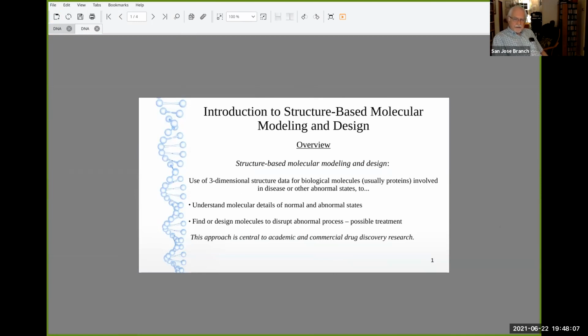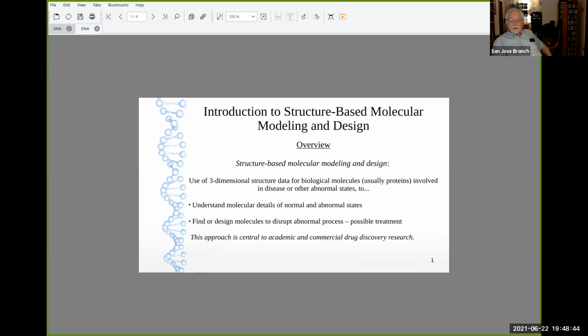So this is, as I said, the whole subject that we're going to be looking into in some depth, known as structure-based molecular modeling, or in terms of drug design, structure-based molecular design. What it's all about is using knowledge of three-dimensional structures for biological molecules, usually proteins, but in some cases also some nucleic acids.